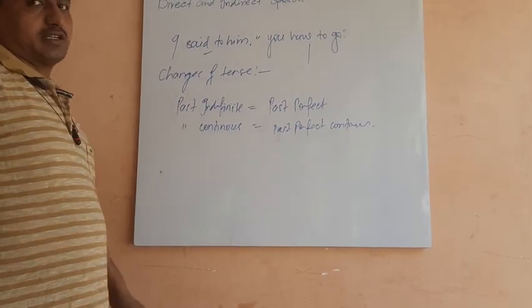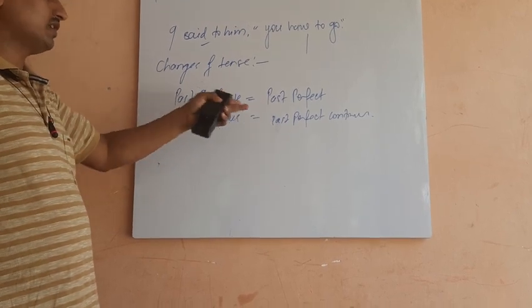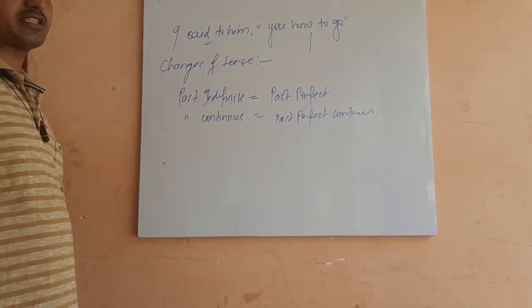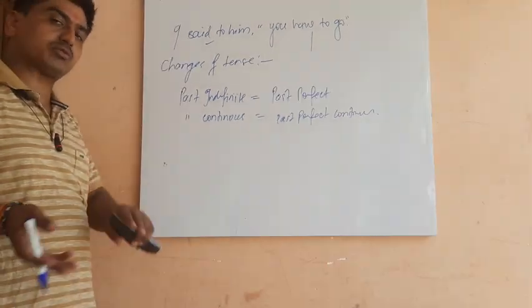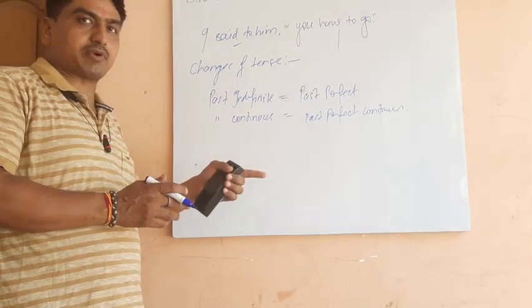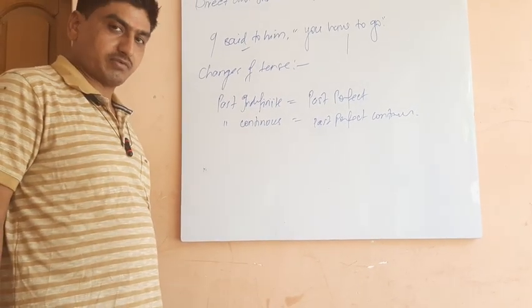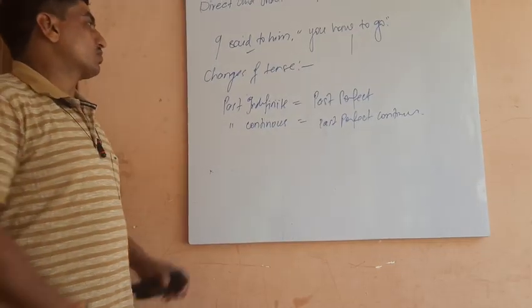This is the way the tenses change into the same corresponding past tense. Like all the present will go into the same corresponding past tense. Only past indefinite will go into past perfect, and past continuous will go into past perfect continuous.